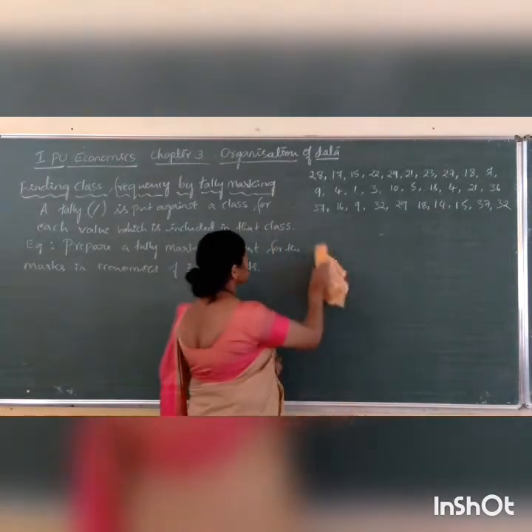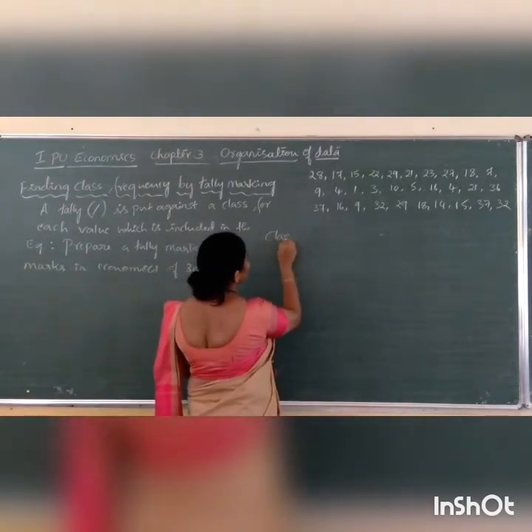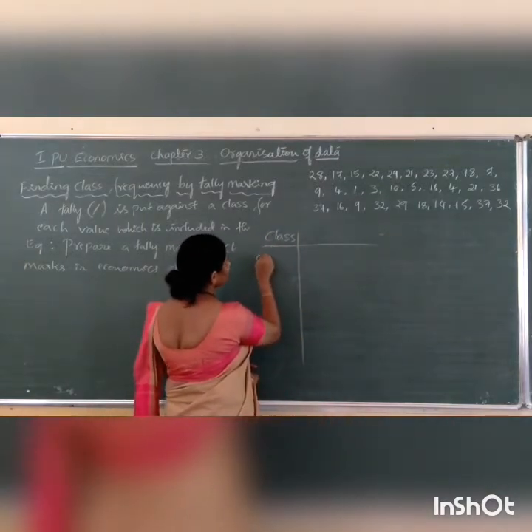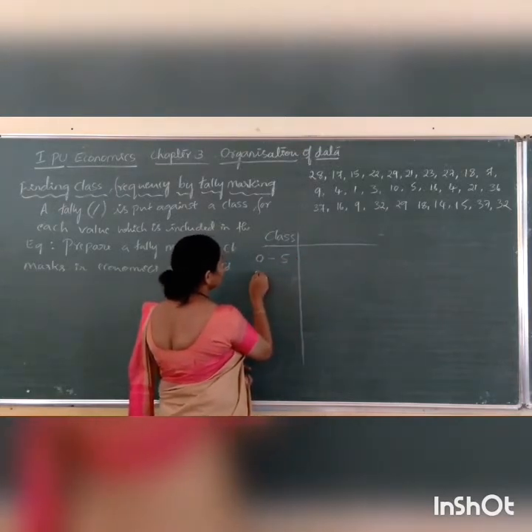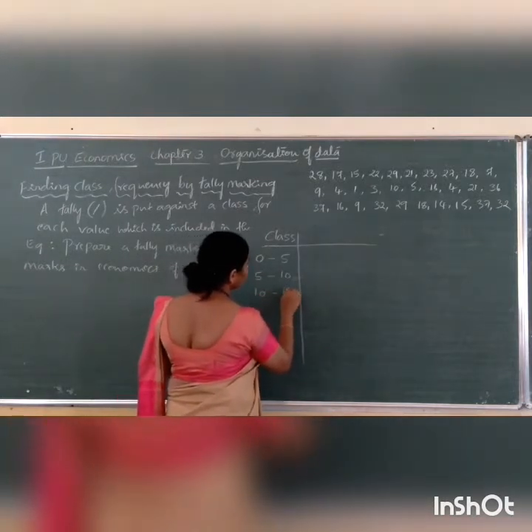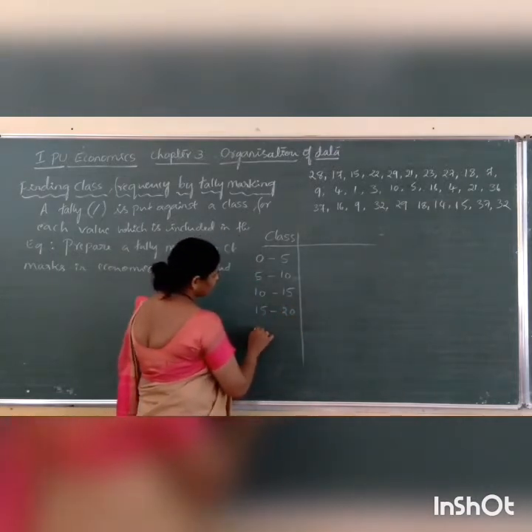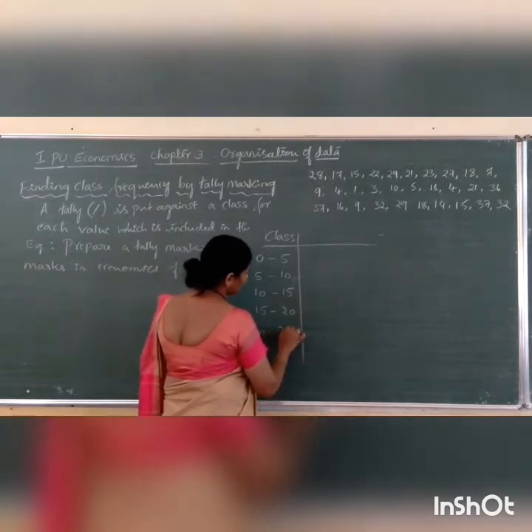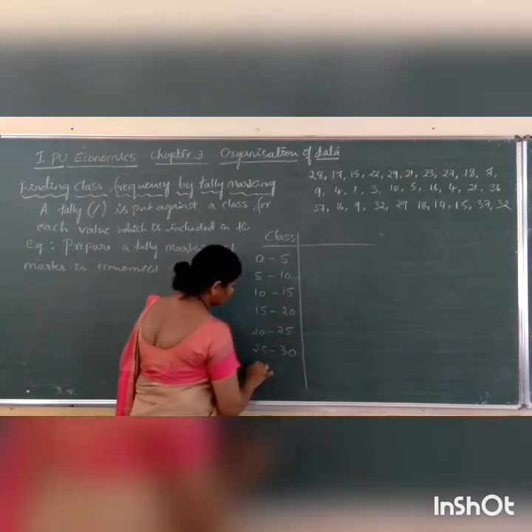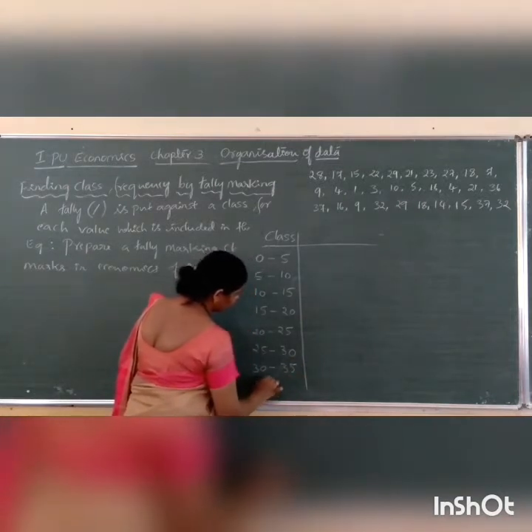Let us write that. First one is class. Here first we write 0 to 5, after that 5 to 10, 10 to 15, 15 to 20, 20 to 25, 25 to 30, 30 to 35, 35 to 40.